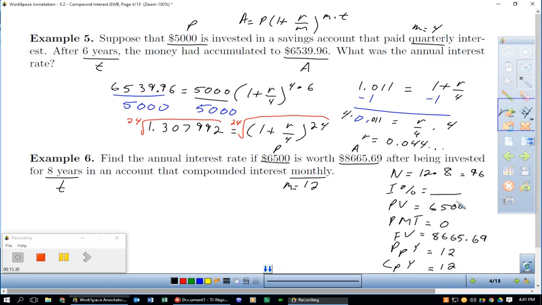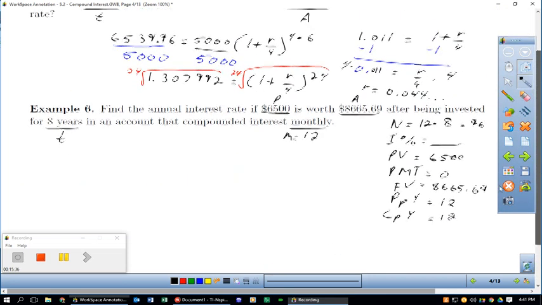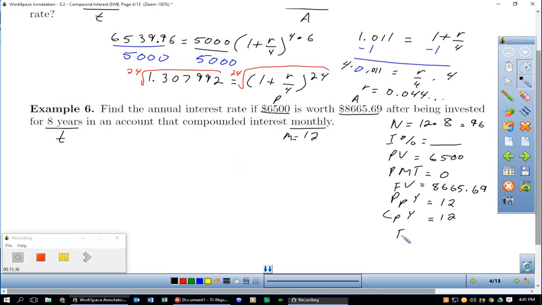Okay. Now, when you type all these in, and there's actually usually a thing where you select end or beginning. Okay, so I believe it says payment at. Okay, you'd just leave it as end, that's the default. Again, that's annuities there. So when you type all this in, you go back to this blank, hit enter, and it will populate. And it usually will highlight it in some way too. But when you do that, you get 3.6.